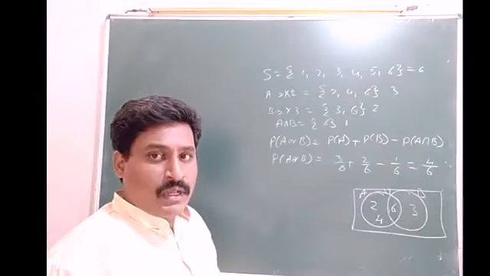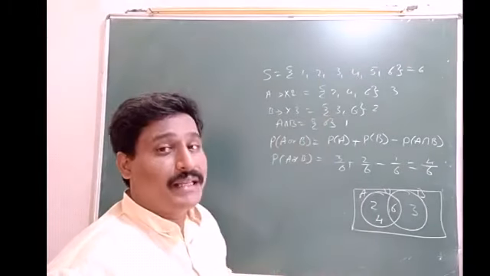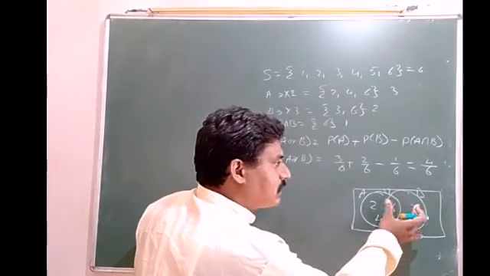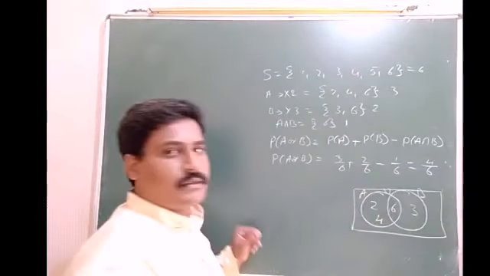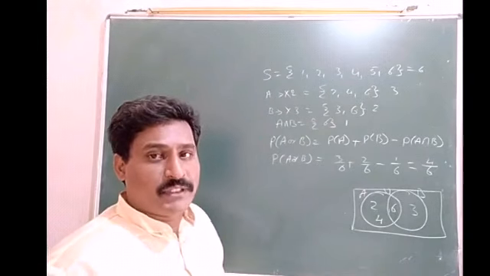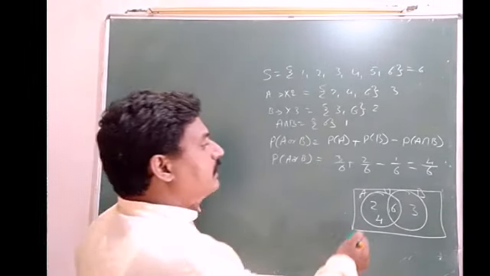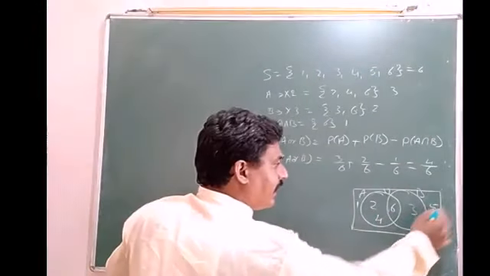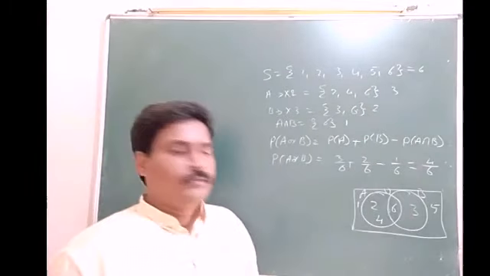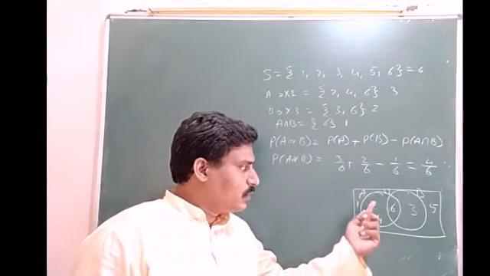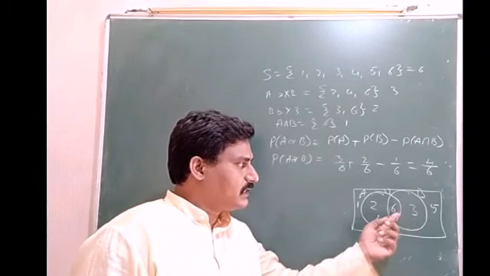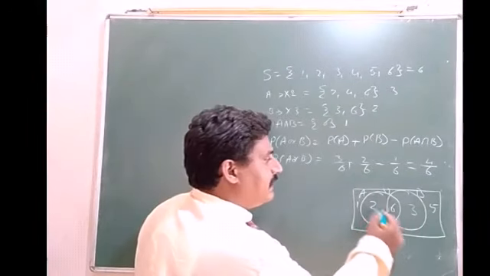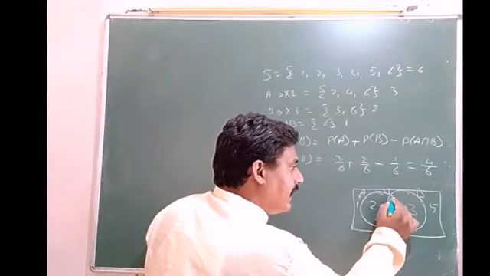The remaining sample space elements, 1 and 5, are written anywhere in the box outside these two circles, to show the sample space or universal set. So event A is 2, 4, 6, event B is 3, 6, and 6 is common here. This shows A intersection B.